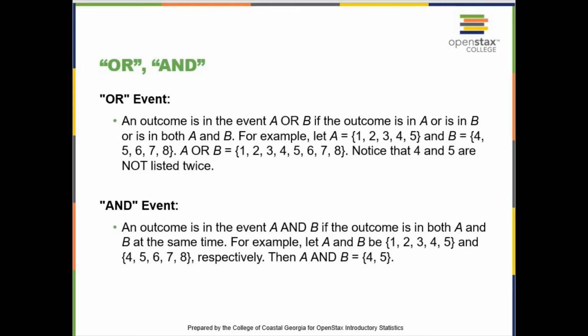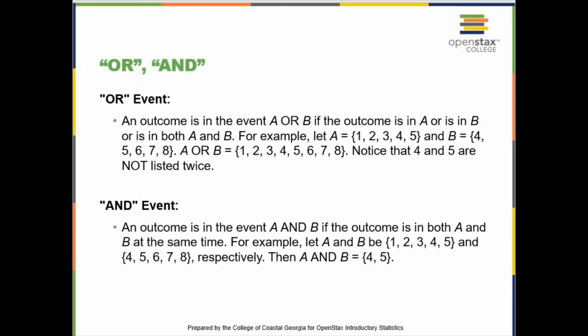Sometimes we need to know an or event or an and event. An outcome is in the event A or B if the outcome is in A or B or in both of them. For example, if we have the event A to be 1, 2, 3, 4, 5, and the event B is 4, 5, 6, 7, 8, then A or B will be the combination of both of them. We're going to combine all of the outcomes that happen in A and B without repetition.